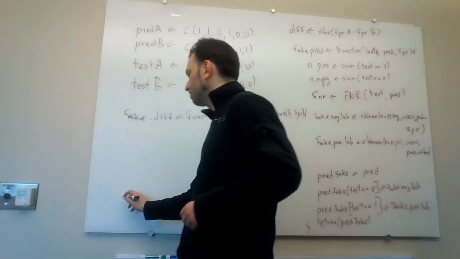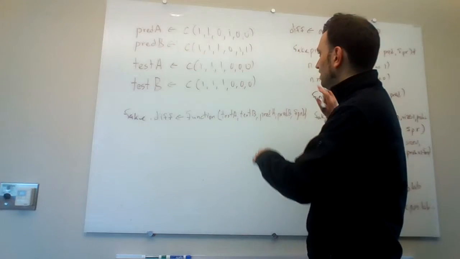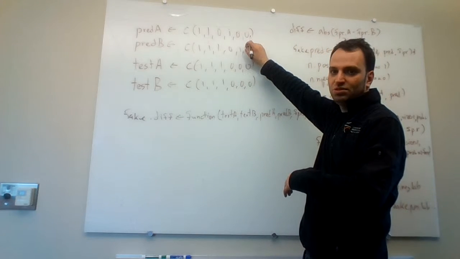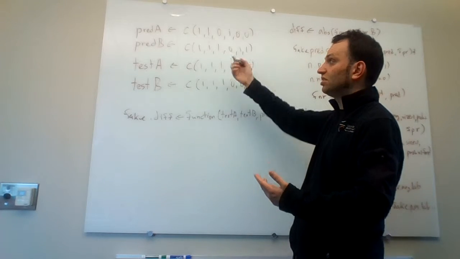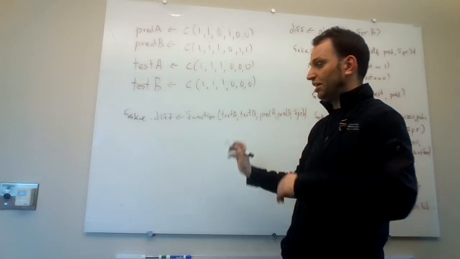So what this function is going to do is it's going to make a fake pred A and a fake pred B, and it's going to compute the difference between the FPRs that are obtained using the fake predictions.